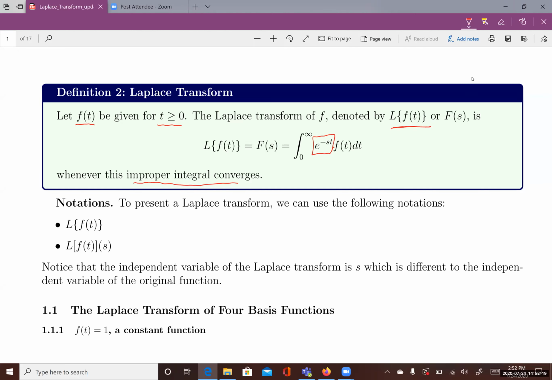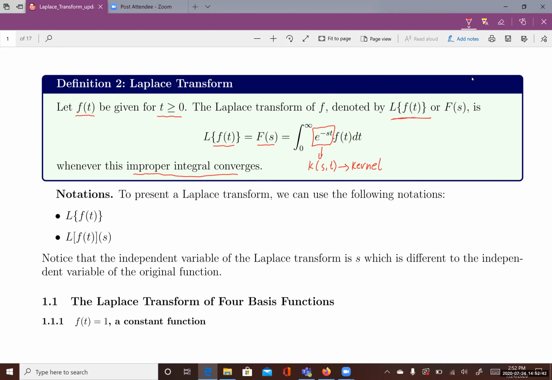So you need to make sure that this improper integral converges in order to find the Laplace transform for the function f of t. Okay, and as you remember, this is the function k in terms of s and t, and is the kernel of the Laplace transform. All right.